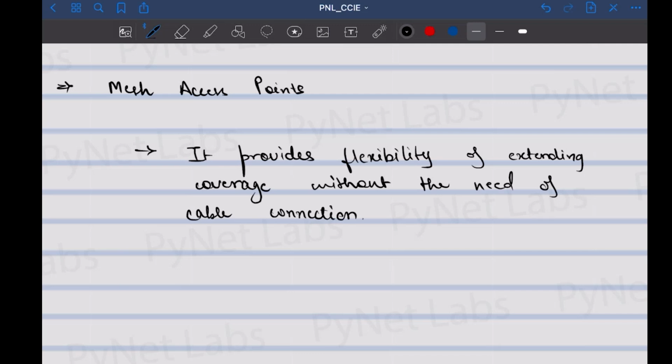The only thing that you require for a mesh access point is a power source. That's all. You don't require any other type of connectivity or ability for increasing the coverage of your wireless network.